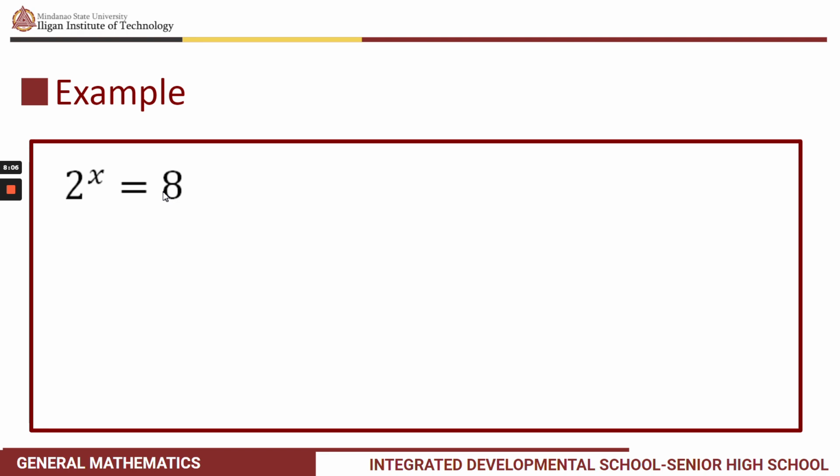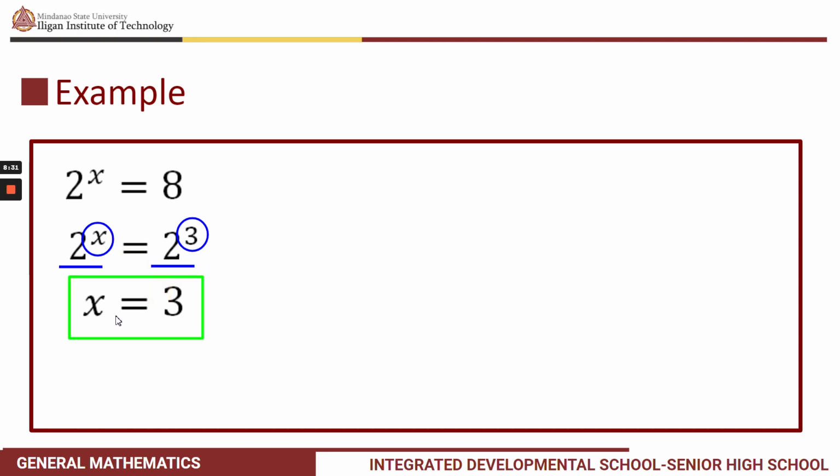Dapat makagawa tayo ng expressions na the same yung base, no? So, ito, kung mapapansin nyo si 8, di ba it's just 2 cubed? Ayan. So, mayroon tayong the same base na 2. Right? So, kapag mayroon tayong the same base, pwede natin i-equate yung exponents na si x tsaka si 3. So, therefore, x pala is equal to 3.